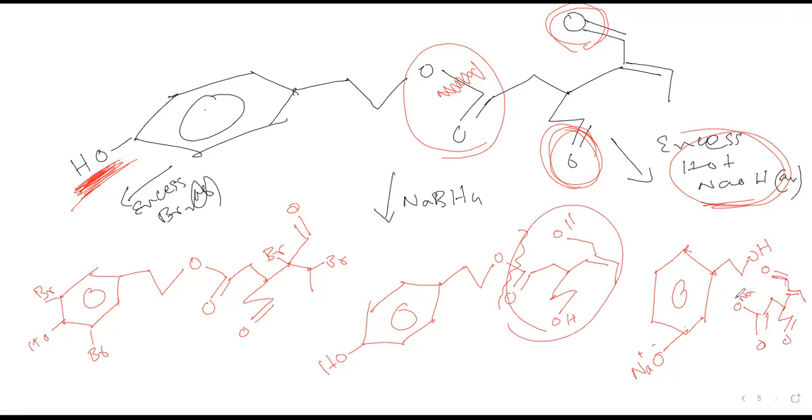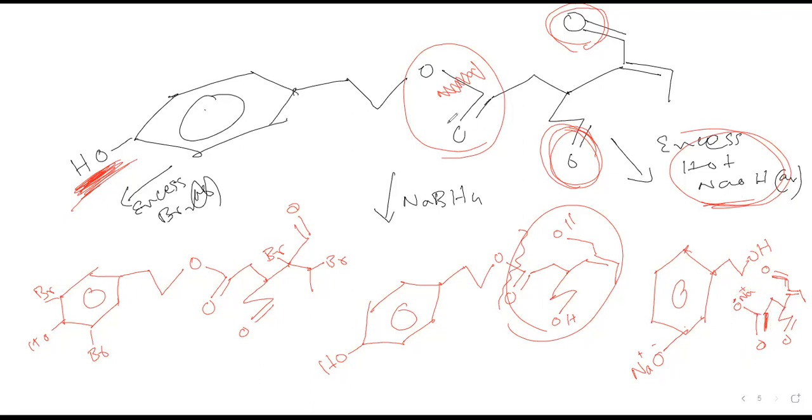I'm sorry for such a messy drawing, but that's it. This is Na because in alkaline hydrolysis, the salt of the carboxylic acid is formed, and the rest remains the same. This is the carboxylic acid group.